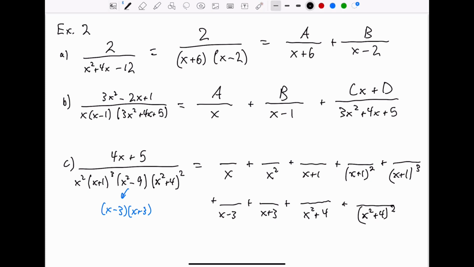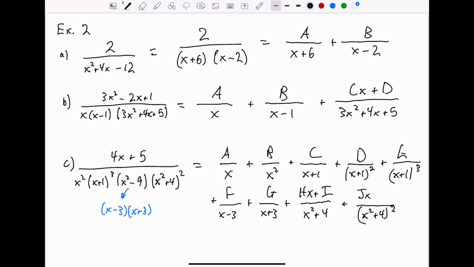All right, so we fill in the constants. We essentially have to sing the alphabet song. A, B, C, D, E, F, G. There we go. These are all the linear fractions. The next fraction has an irreducible quadratic in the denominator. So instead of just having a single constant in the numerator, I have Hx plus I. And then in the last fraction, once again, I have a quadratic in the denominator.